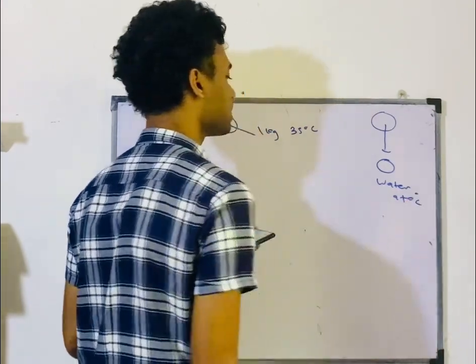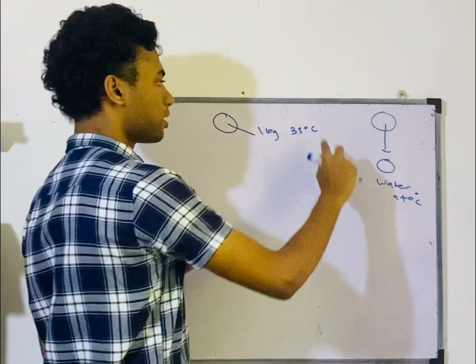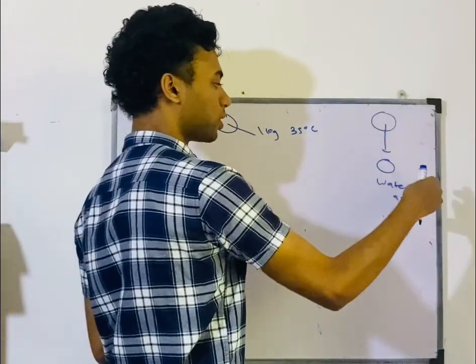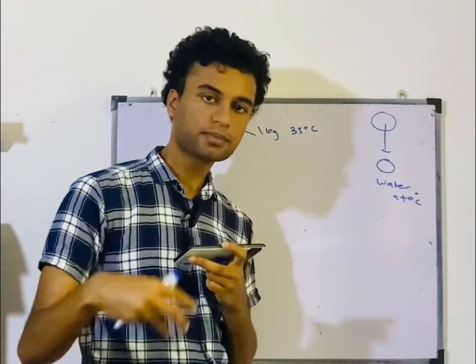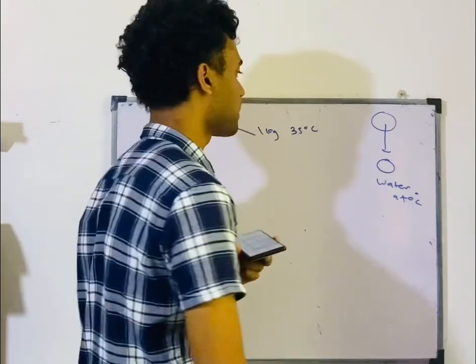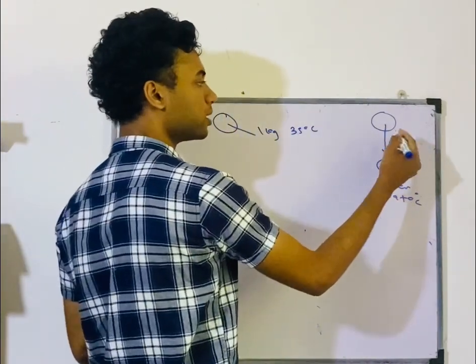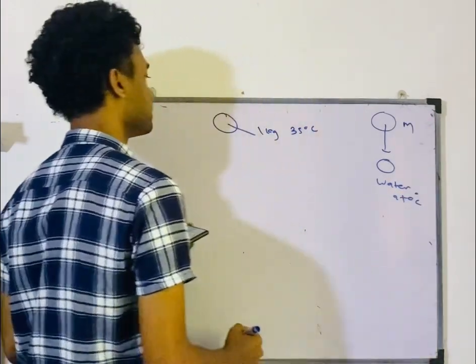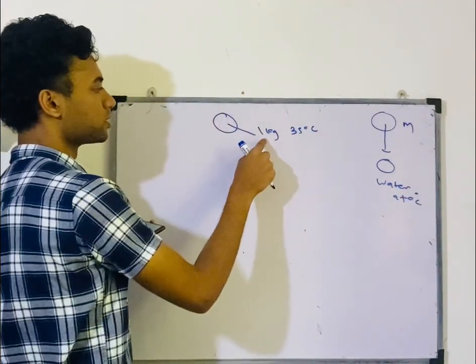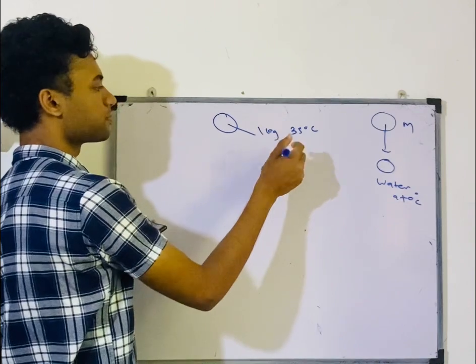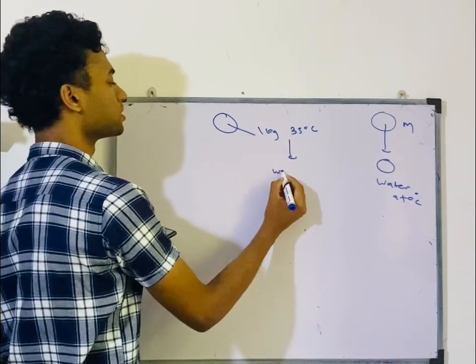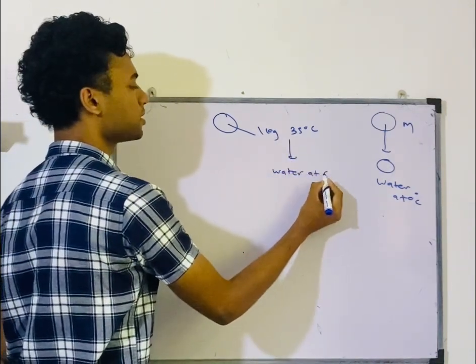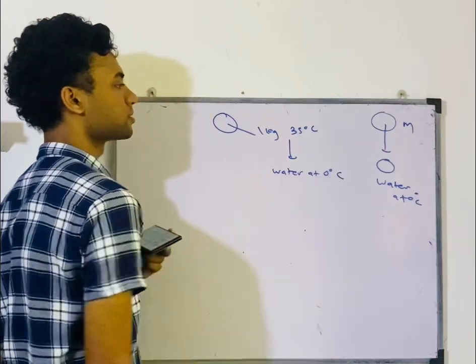Now listen, not all ice can be dissolved into water at 0 degrees Celsius. That's why they're asking for a maximum amount of ice. So let's call the amount of ice that dissolves into water as mass m. What happens? Water at 35 degrees Celsius becomes water at 0 degrees Celsius.